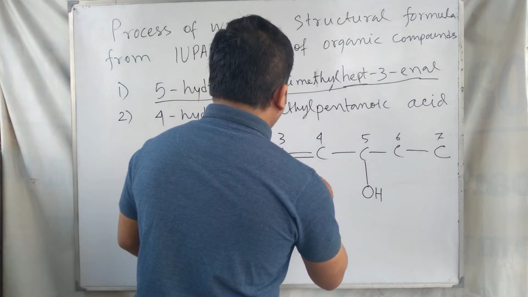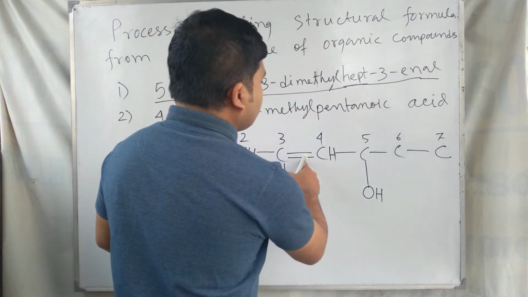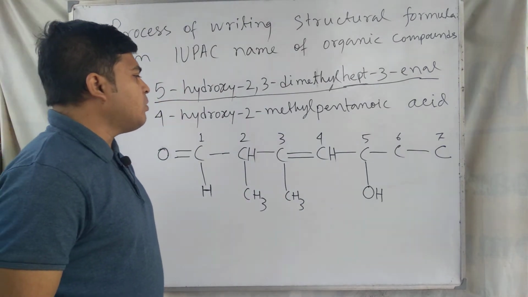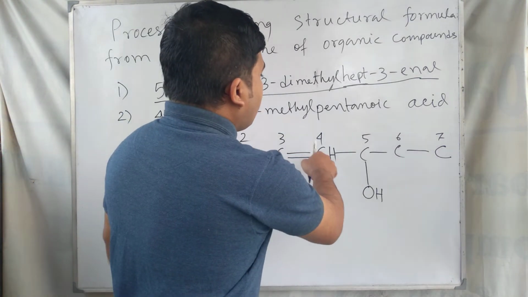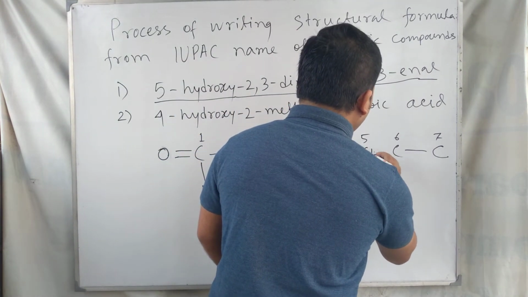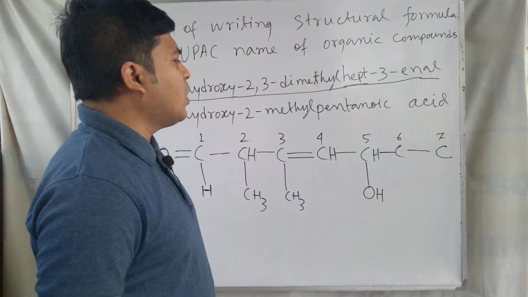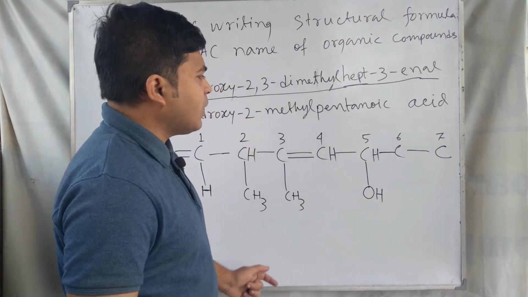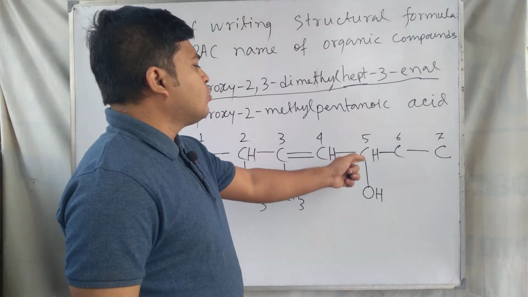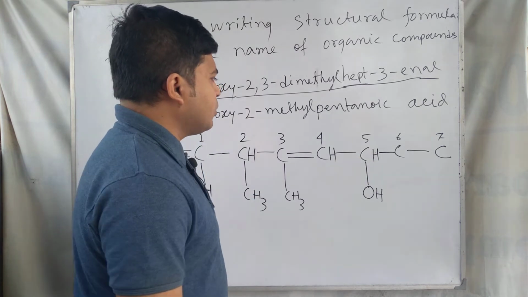Next, at the 3 and 4 positions, the valency is completed by adding 1 hydrogen atom. At the 5 position also we have to add 1 hydrogen, because 3 valencies are completed and 1 valency is not satisfied, so we satisfy the 4 valency using 1 hydrogen atom.